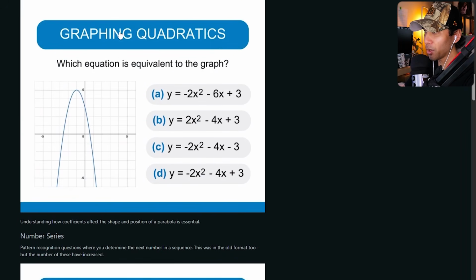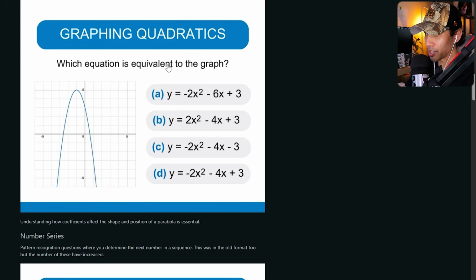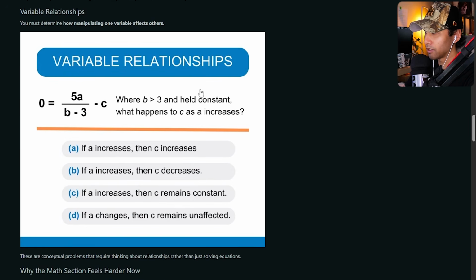I don't know about this one either because in iPrep, we were trained to avoid answers that look like this, because most likely we're going to encounter linear functions, not parabolas. These are called parabolas. This one's easy. This, I believe, is going to be on the test. I hate these. All of these to me are hard, but we'll work through it.